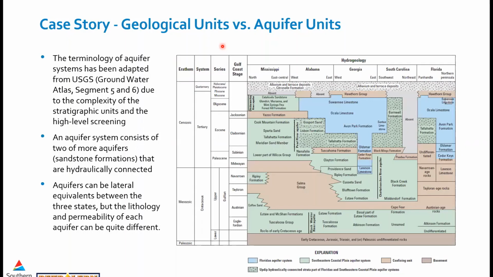Aquifer systems is a good term because at this high level scale, you may have several formations within an aquifer system, but they can be hydraulically connected. The reason for taking in the aquifer system terminology was that we saw this complexity of the stratigraphic units in the high level screening.